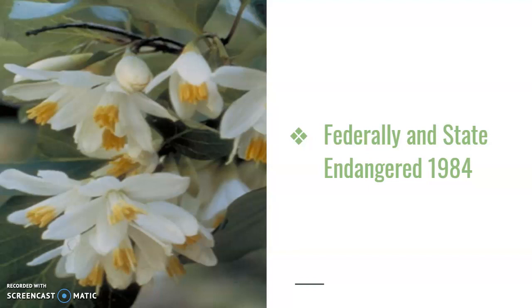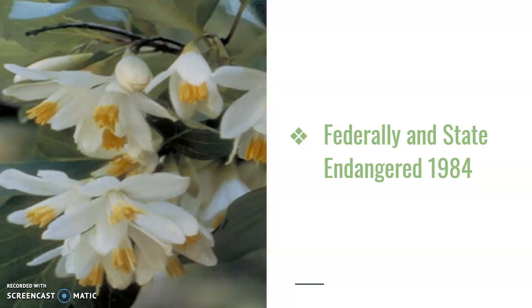For example, for the Texas Snowbell, a final recovery plan was completed in 2019. So it took about 37 years to complete the recovery plan and to get it approved by the federal gov.